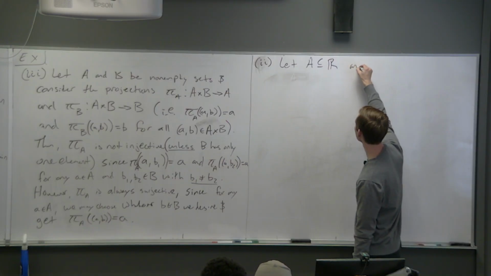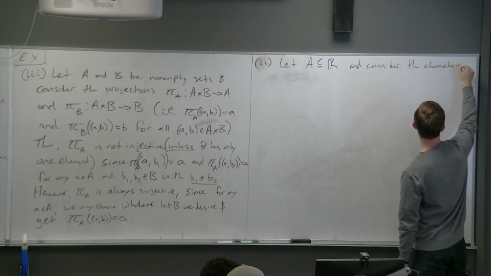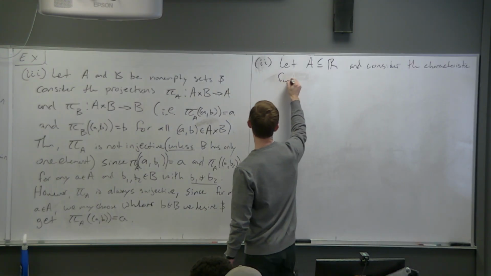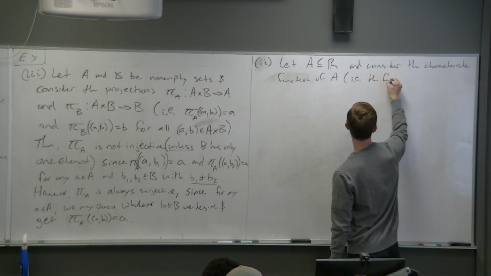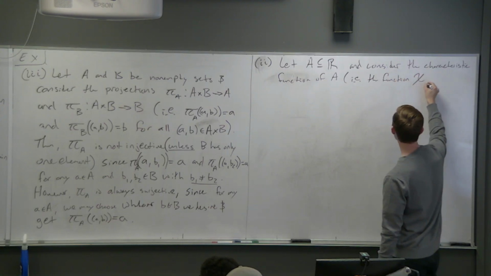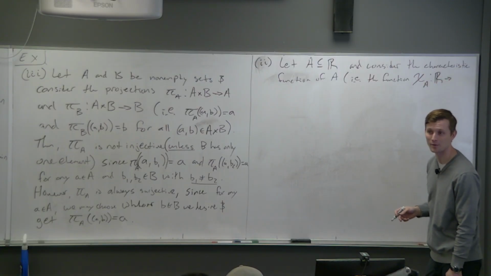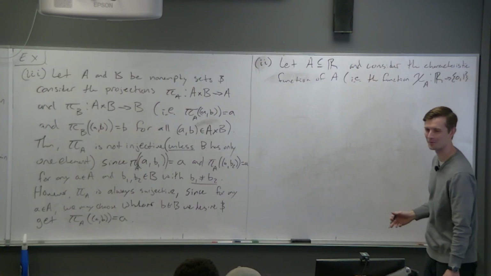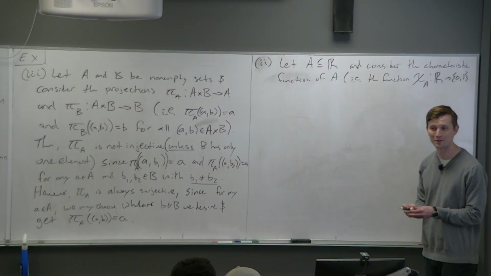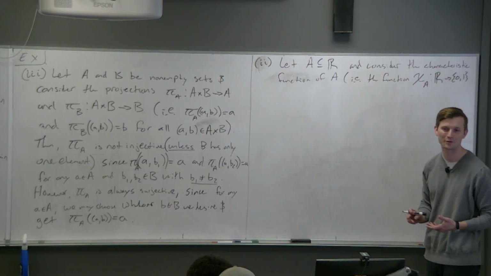Let A be a subset of the reals and consider the characteristic function of A, i.e. the function chi A from R to R, or if we want to be a little bit pithy, we can remind ourselves and say it's really from R to {0, 1}. Notice those actually aren't the same function. They have different codomains. So it's essentially a matter of convention whether you define it this way or the other way.